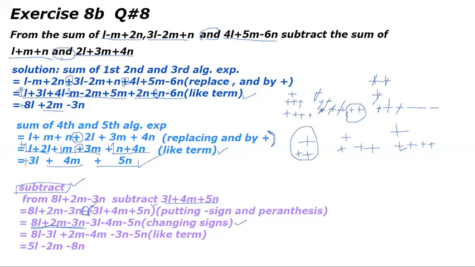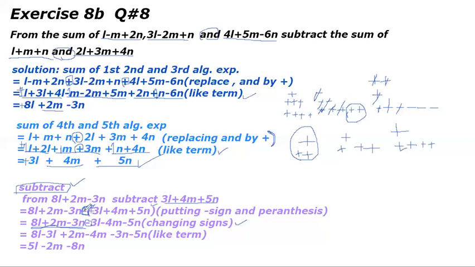Because this parenthesis means multiplication. This negative sign is being multiplied by this positive sign, positive 3l. When negative sign will multiply by positive 3l, negative sign multiplied by positive sign always gives us a negative sign.